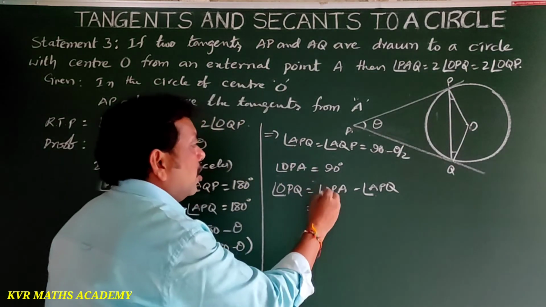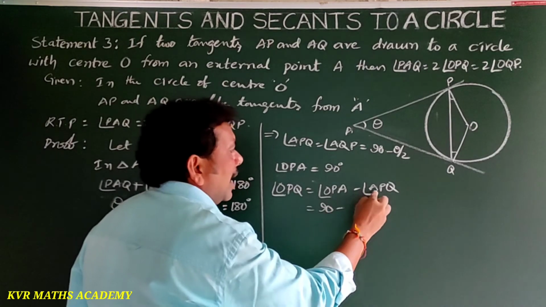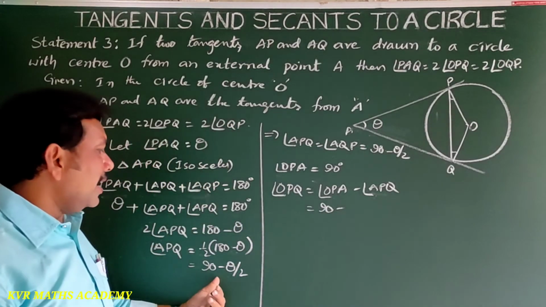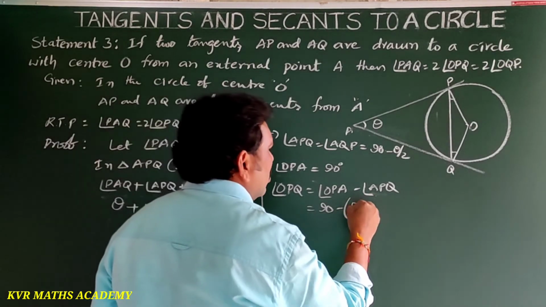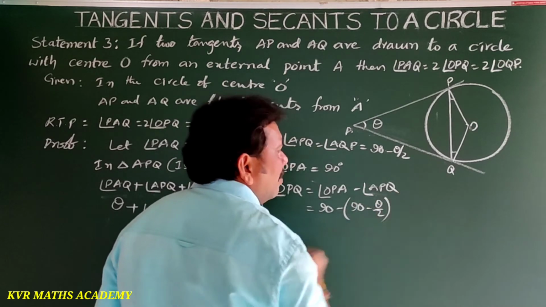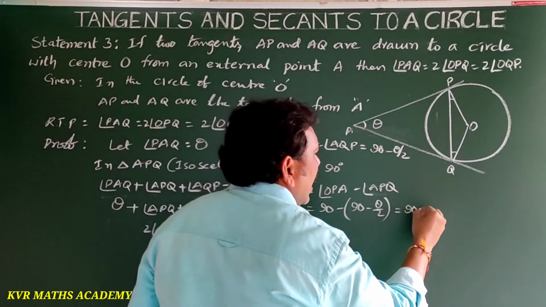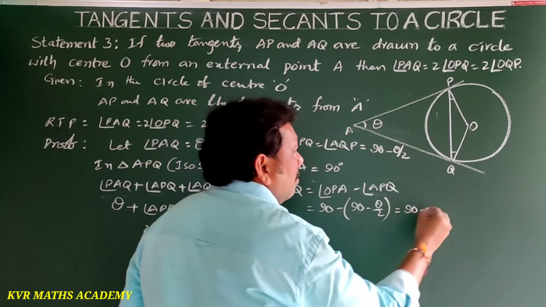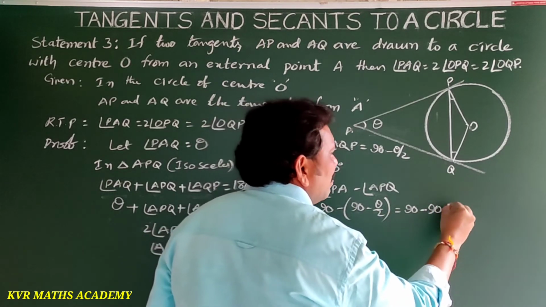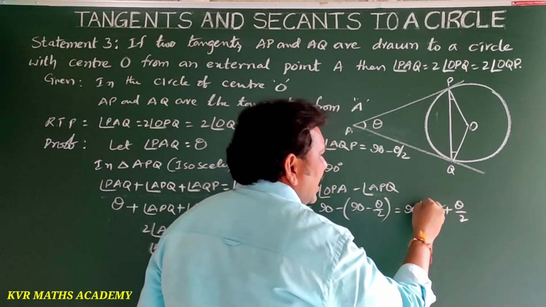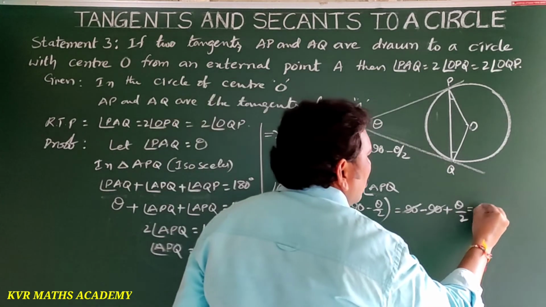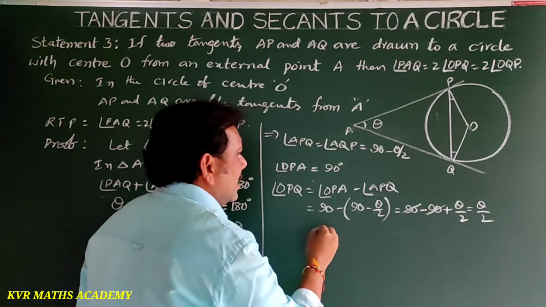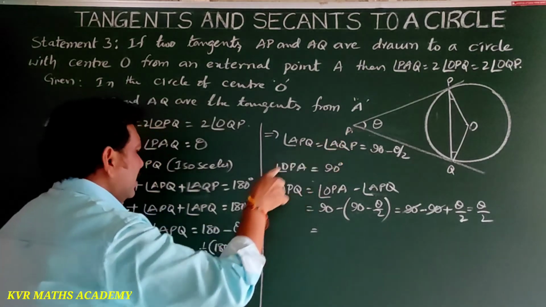So angle OPA how much? 90 degrees minus angle APQ. How much did you get? 90 minus theta by 2. So 90 minus theta by 2. So that is equal to 90 minus 90 plus theta by 2. So 90 gets cancelled. So that is equal to theta by 2. Here theta means what we have taken?